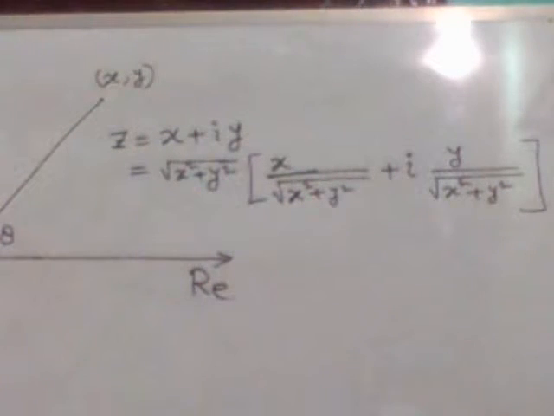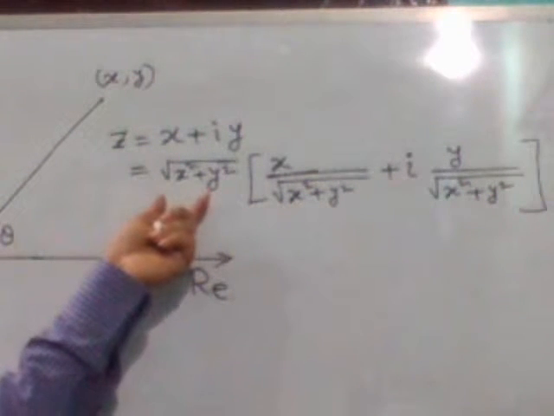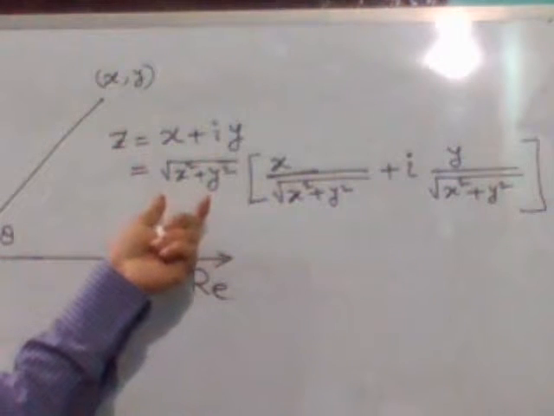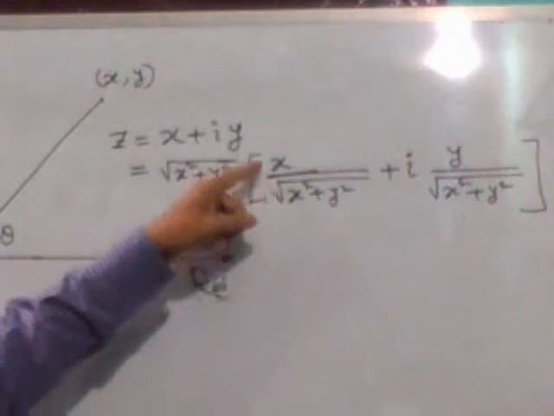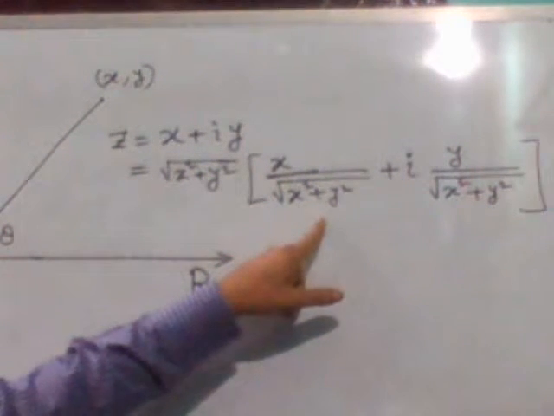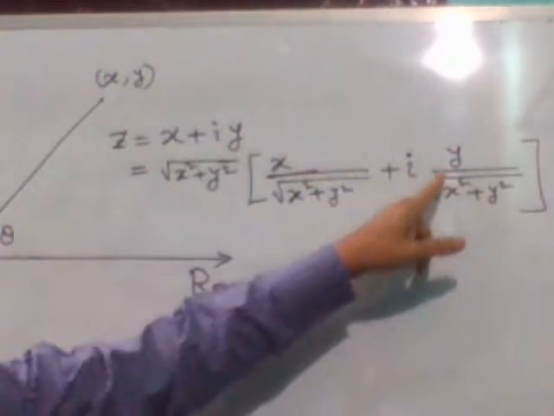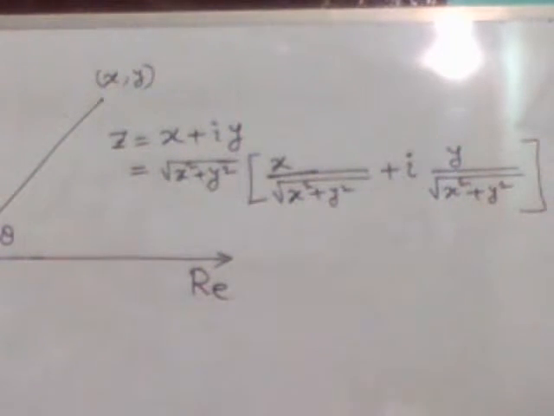So we have just taken root under x square plus y square as common, then we are getting x by root under x square plus y square plus i into y by root under x square plus y square.